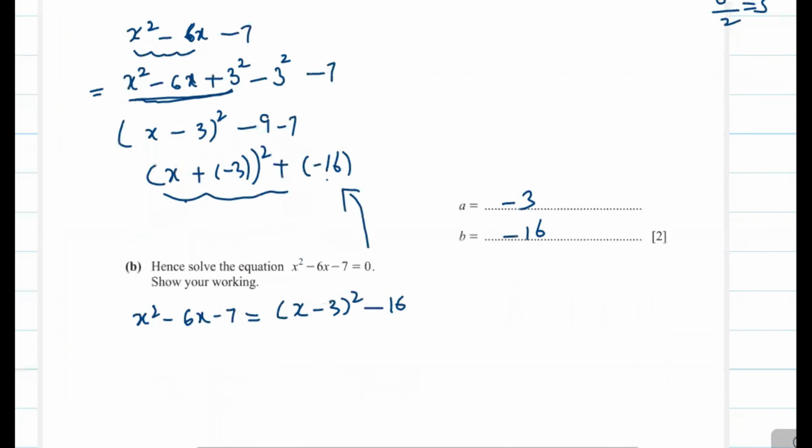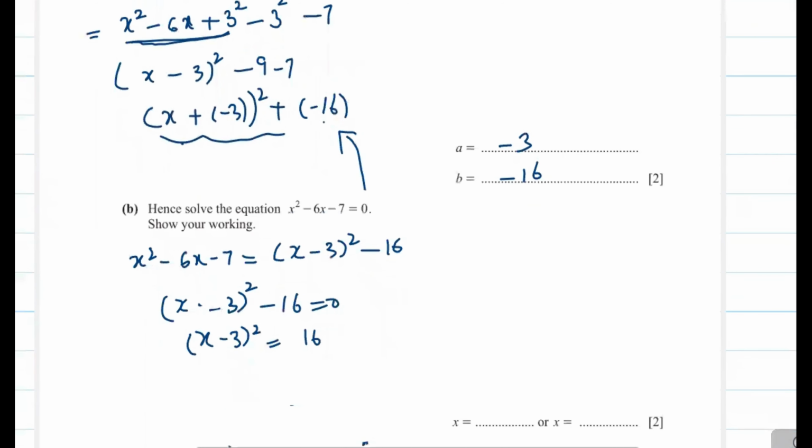Now we can write this equation as (x minus 3) whole square minus 16 will be equal to 0. We can write it as (x minus 3) whole square equal to 16. Now we take the square root on both sides. We get x minus 3 equal to square root of 16, which will be plus minus 4.